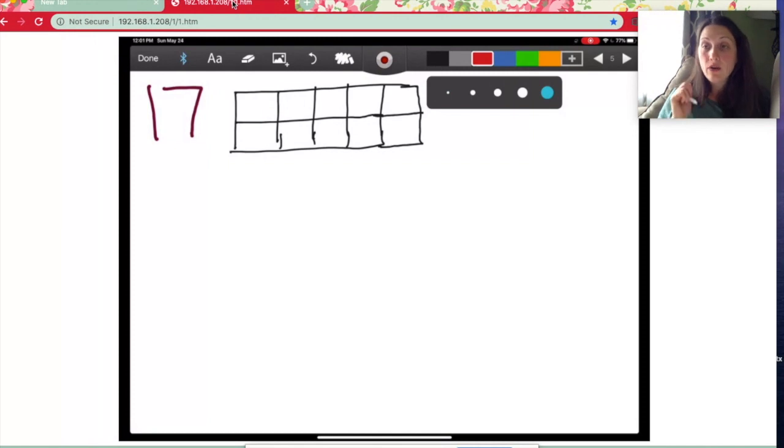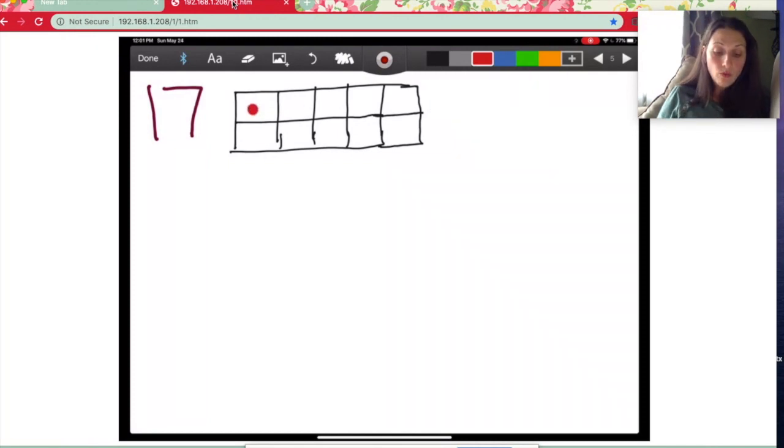Okay, now I'm going to draw my 17 counters. Here we go. 1, 2, 3, 4, 5, 6, 7, 8, 9, 10, 11, 12, 13, 14, 15. Now, even though I don't have another tens frame, I'm still going to draw my counters as if I did.